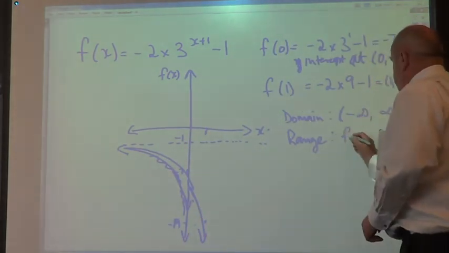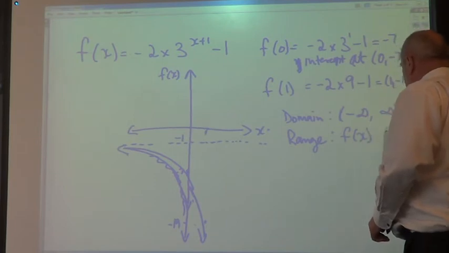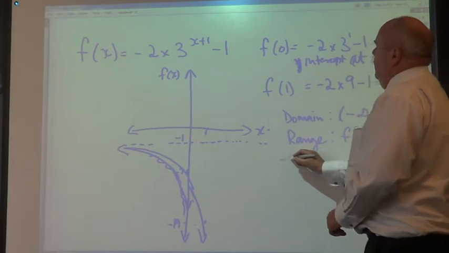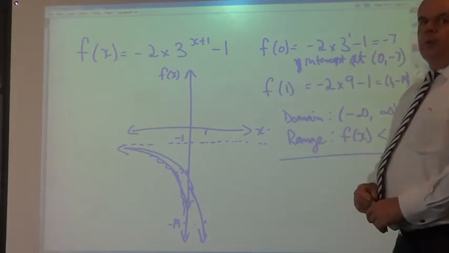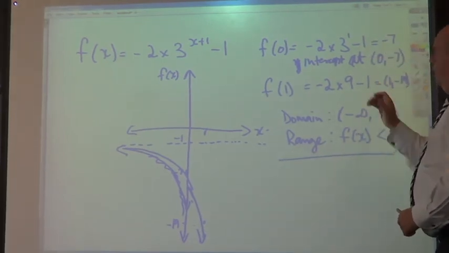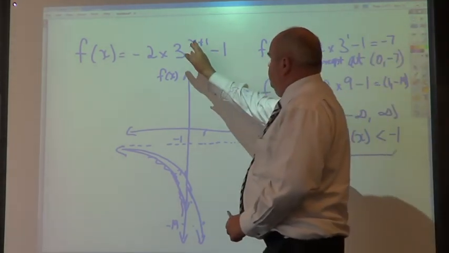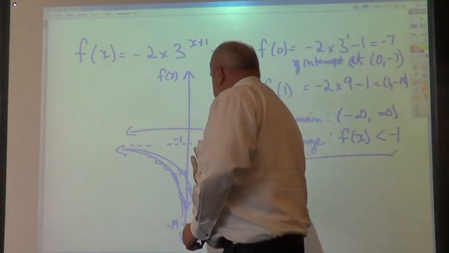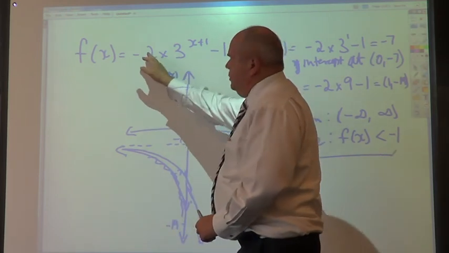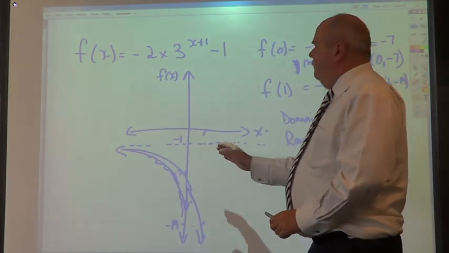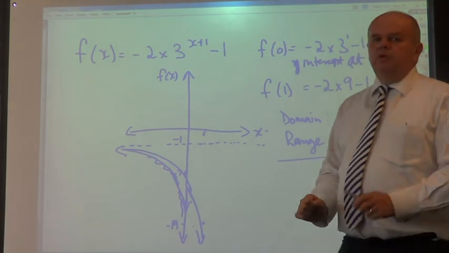So we write that in this way. The function will always be less than negative 1. And that's how we plot those functions. I haven't focused too much on the shifting, but really you've got the basic shape and there's a dilation going on as well. But we don't need that for these sort of graphs. Okay? So we might leave it there.